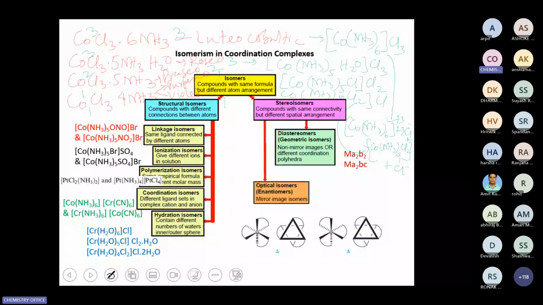That is 4. The cation is [Co(NH3)6]3+, and the anion is 3 chloride ions. For the last molecule, a total of 2 ions will be produced: [Co(NH3)4Cl2]+, that is the cation, and the anion is Cl minus. So I think you will now be able to answer the question of how much silver chloride is formed from any coordination complex. First you will have to write the right formula for that complex.